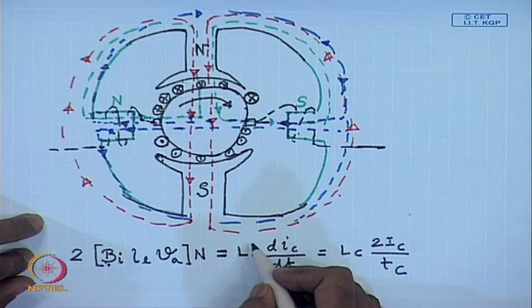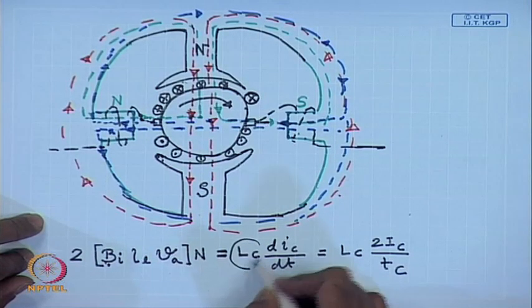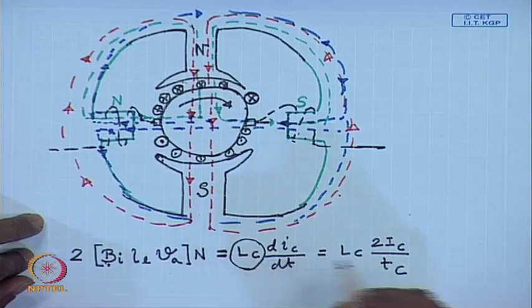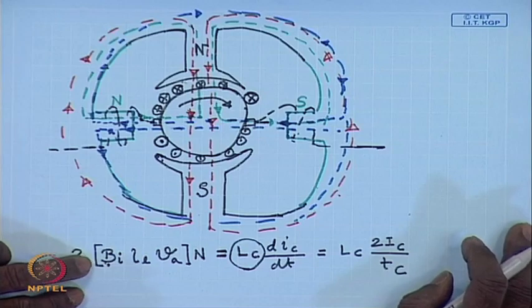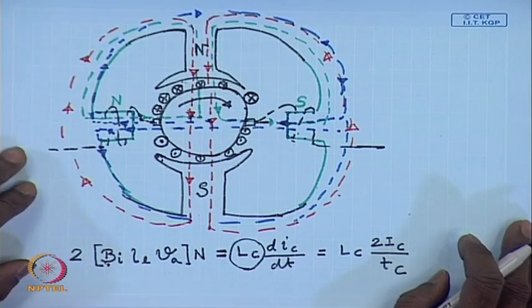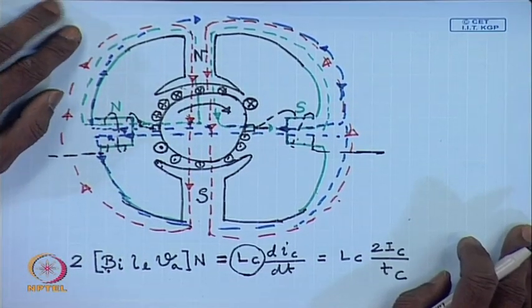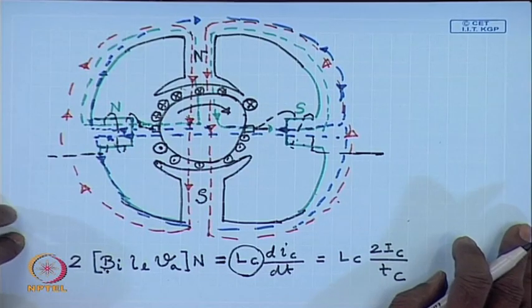However, there is a practical difficulty because finding out the value of the leakage inductance is not easy, and this flux density has to be set by somewhat a trial and error method.